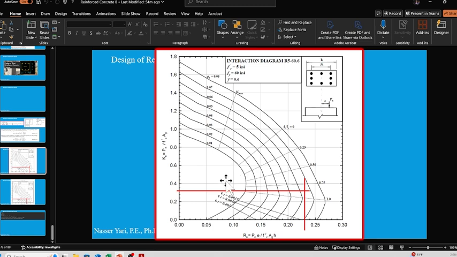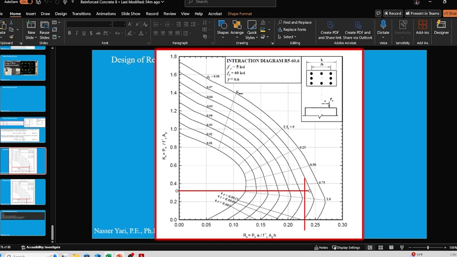And our Kn value on the Excel sheet was 0.3. So I take a line from 0.3 and I can see it go all the way across.